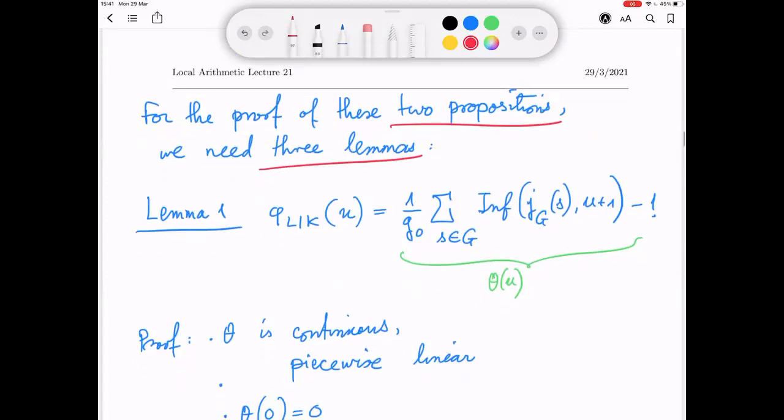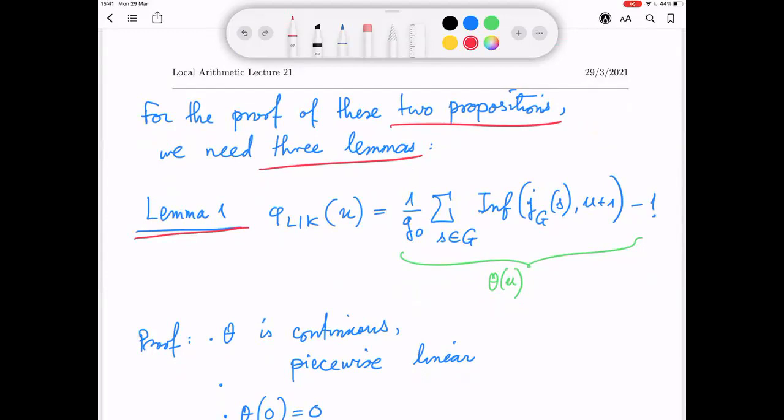There are these three lemmas which are somewhat technical, and they are in the nature of verifying things one after the other. They aren't very deep or insightful, but they are just some verifications.